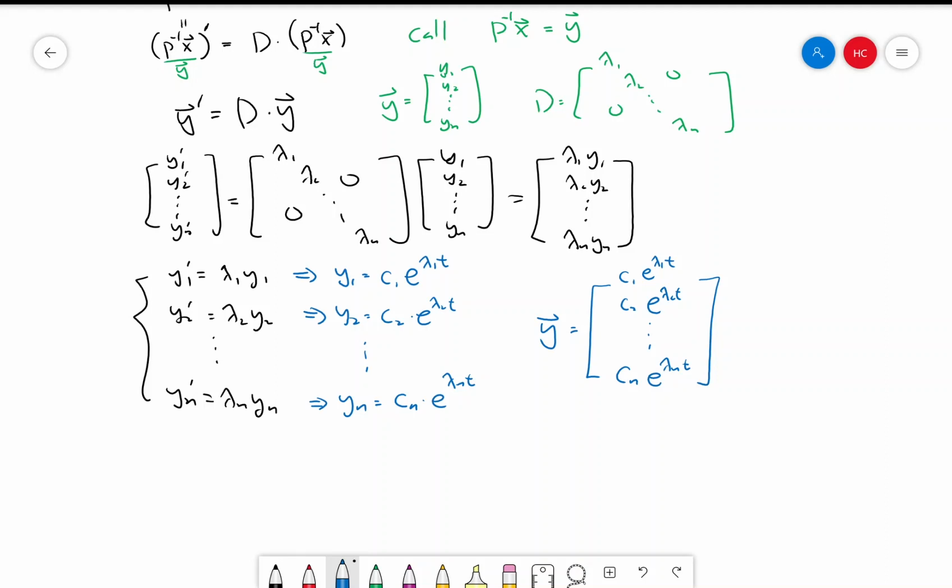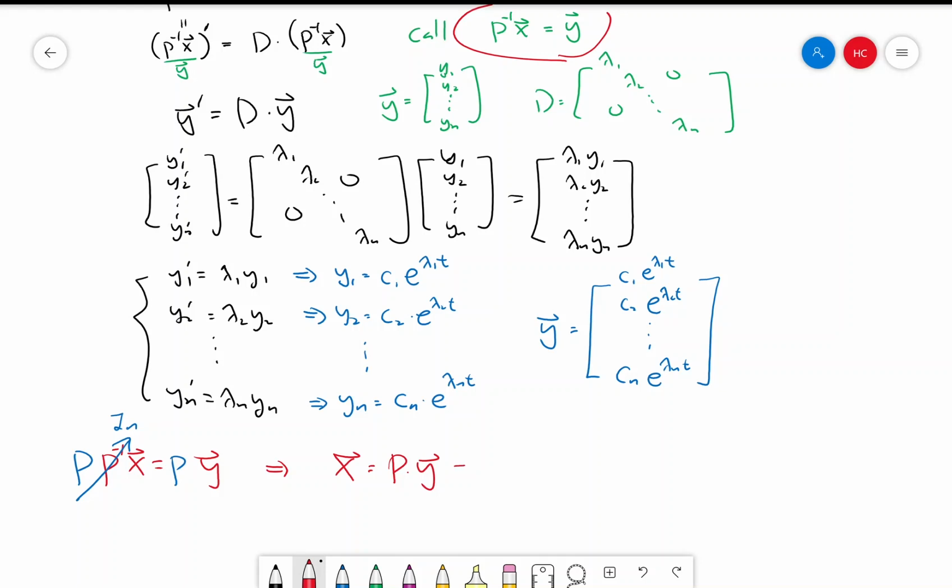Now we have y equal to this vector. Recall from above that P inverse x is equal to y. If you multiply by P on both sides, on the left again, these two cancel. So we get x is P times y.